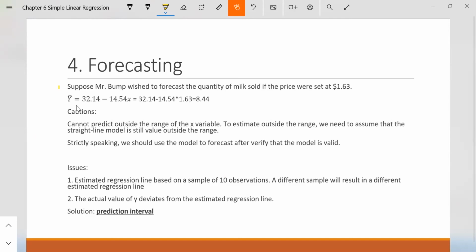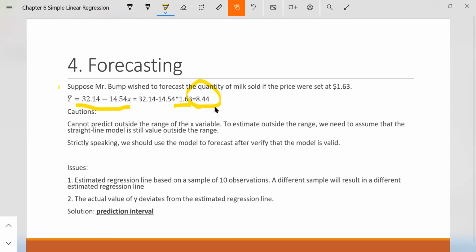Then we just plug into the regression equation, replace x with 1.63, go through the calculation, and we'll find out the quantity of milk sold will be 8,440 gallons.